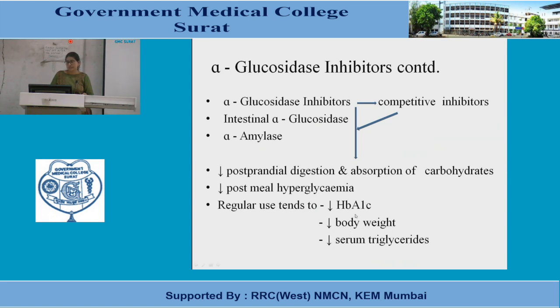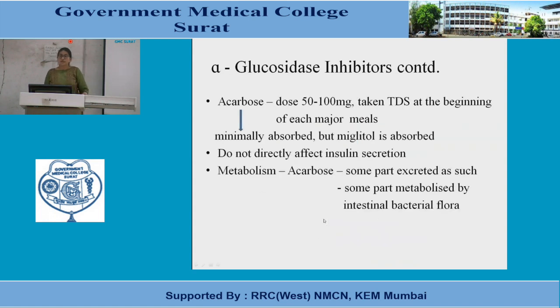It will cause decrease in the body weight, and it will decrease the serum triglycerides. Then another drug under the heading of alpha glucosidase inhibitors is acarbose. The dose is 50 to 100 milligram. It is given three times, at the beginning of each major meal.